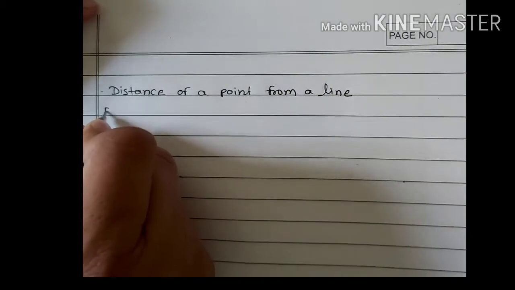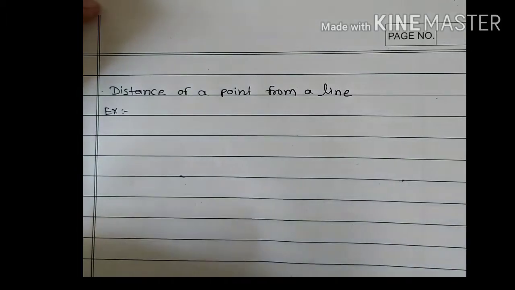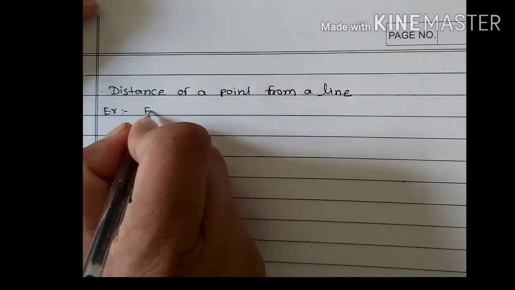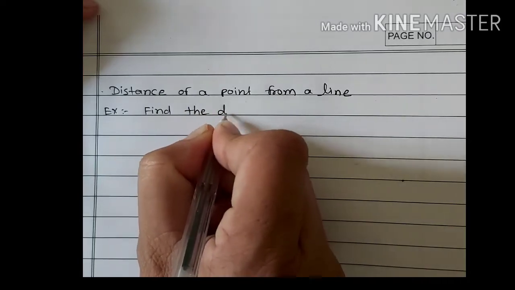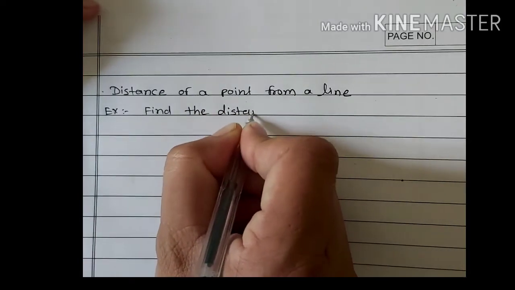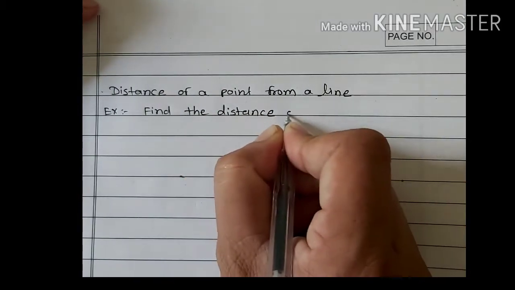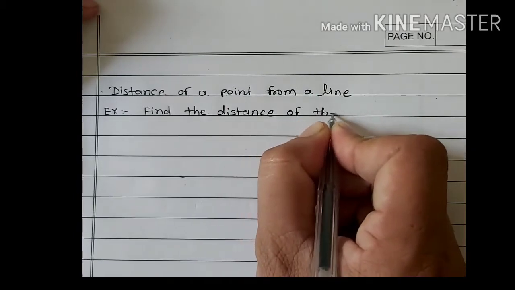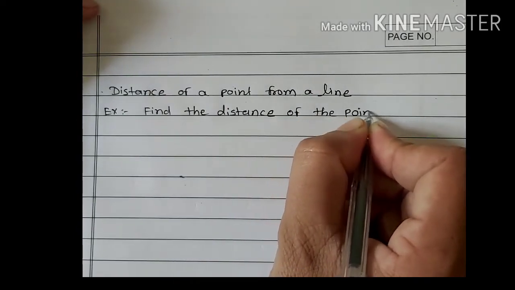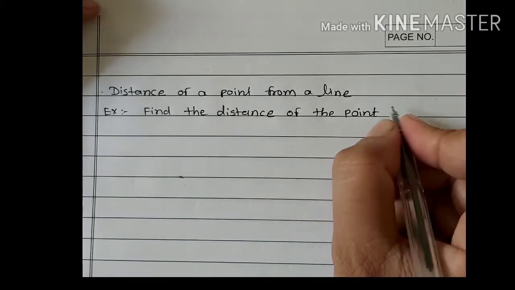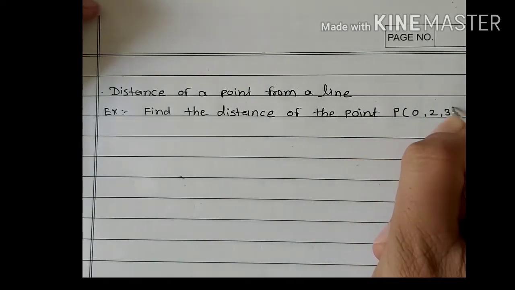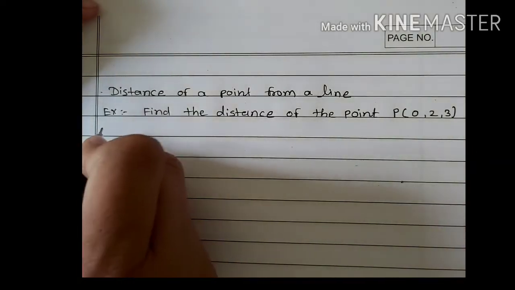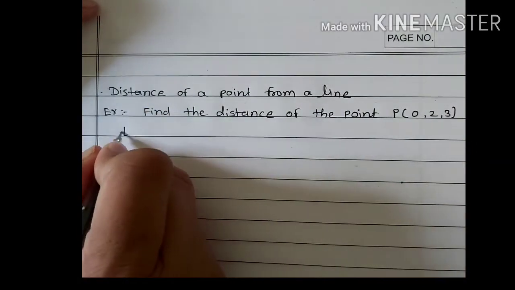Example, find the distance of the point P whose coordinates are given 0, 2, 3 to the line.